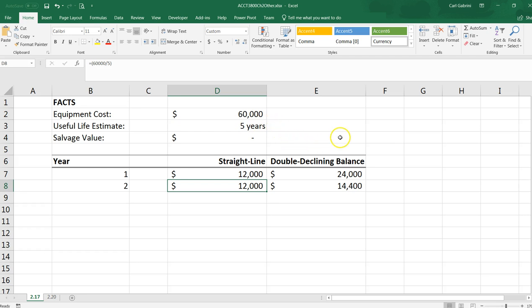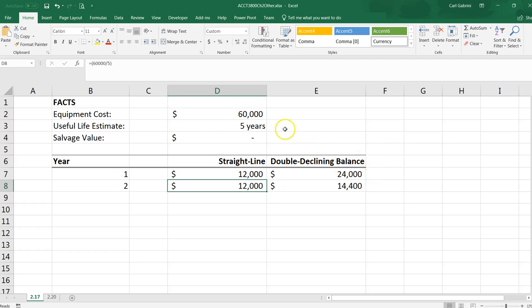Now, when we look at the double declining balance method, this is an accelerated method for depreciating assets, which means it's going to depreciate assets faster earlier in its life and slower or less depreciation later in the asset's life. And how we accomplish that using the double declining balance method is double declining balance means 2 times the straight line rate.